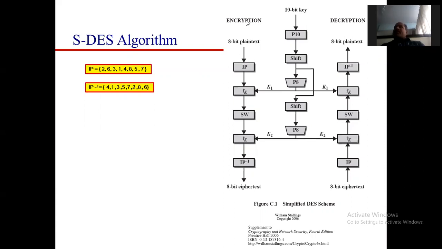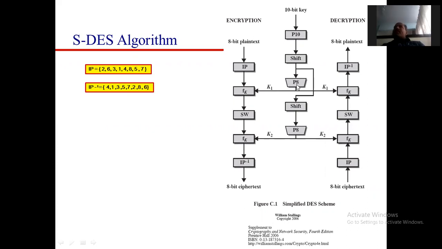So on one side, it shows how we are going to do the encryption. This is the first column, and again the second column, and again the third column here. In the encryption process, the downward arrows are there.